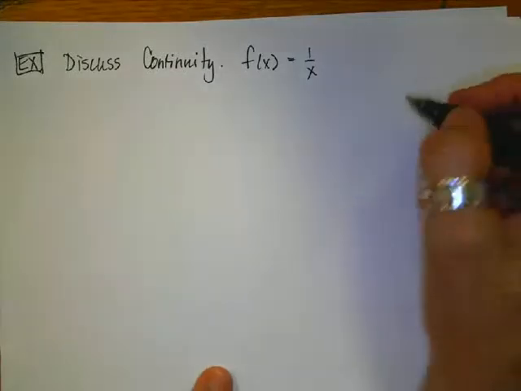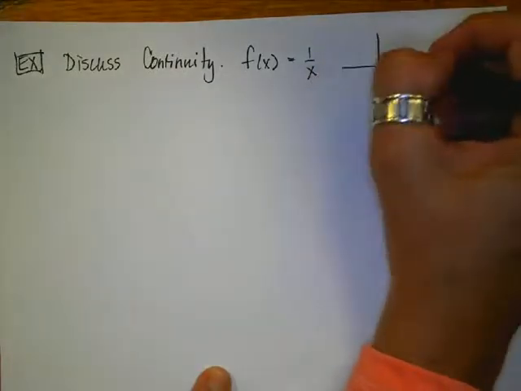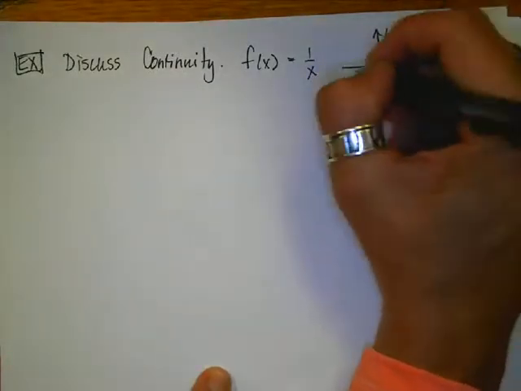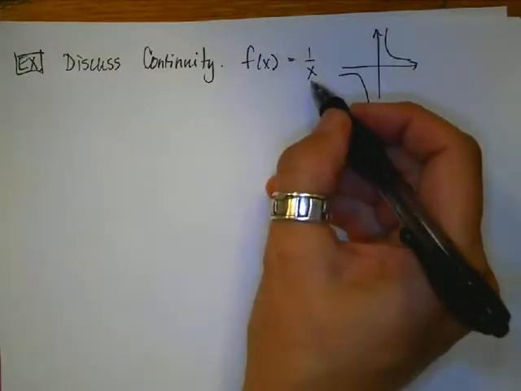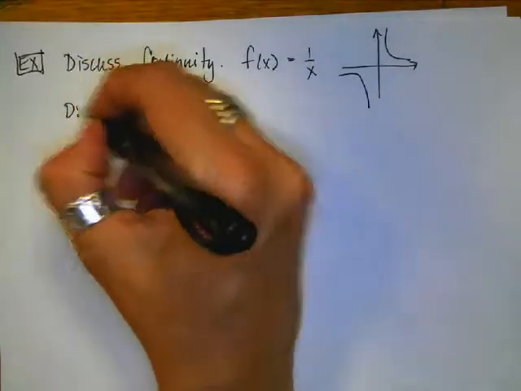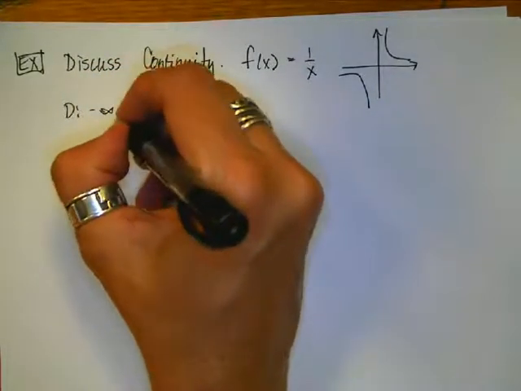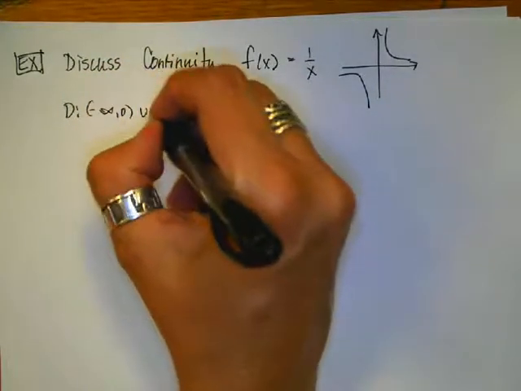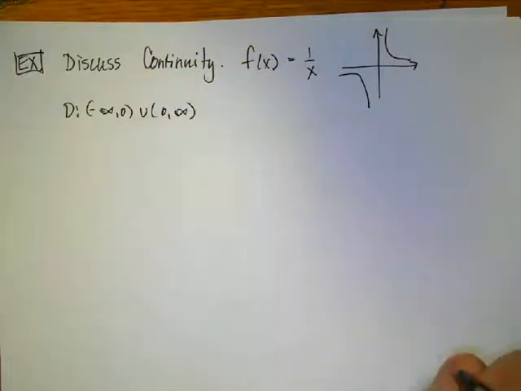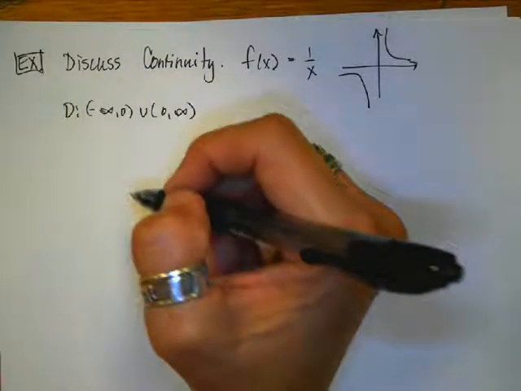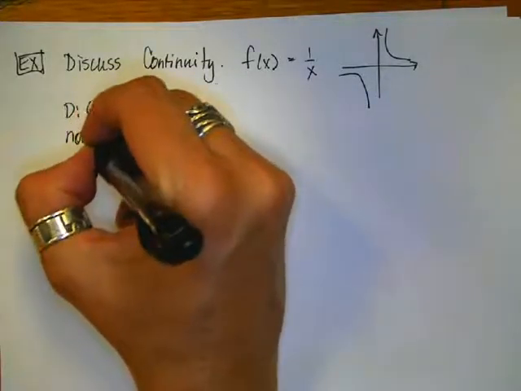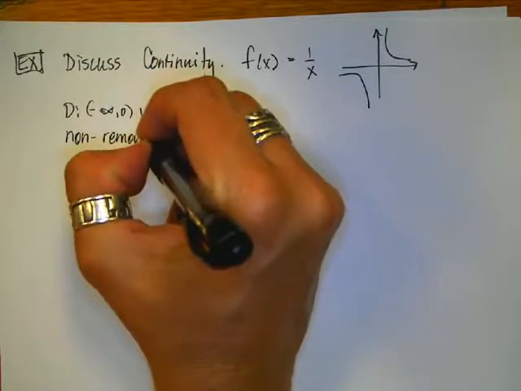I'm just going to draw the graph because we know what this guy looks like, and so he's got a branch here and a branch here. Well, I know that the function is undefined at 0, so I can say that the domain of the function is negative infinity to 0, and then it starts again and goes from 0 to positive infinity. Okay? I need to talk about and classify the type of discontinuity, so I have non-removable discontinuity.